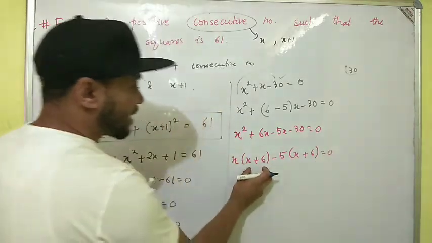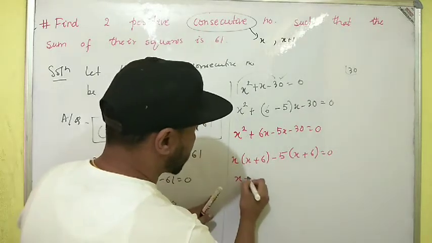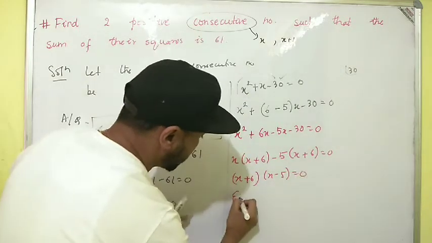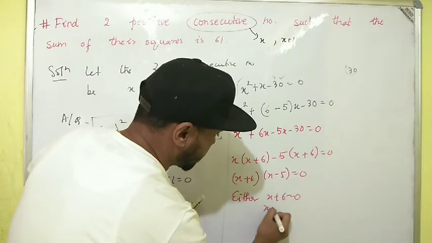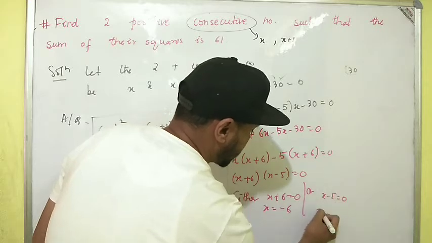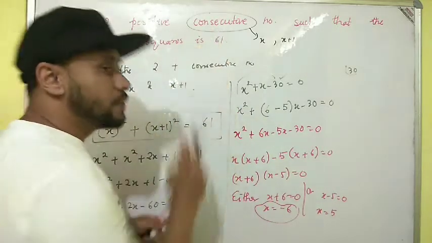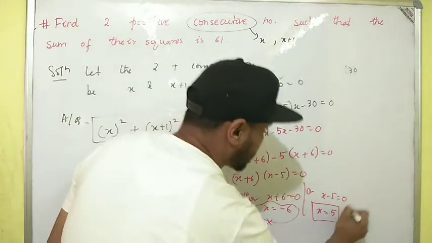Keep this in mind: the term inside the bracket has to be the same. Otherwise, you have to do it again. Okay. So x plus 6 and x minus 5. Now either x plus 6 is equals to 0, x is equals to minus 6, or x minus 5 is equals to 0, x is equals to 5. Now we are finding two positive numbers, so neglecting the negative value, we'll take x is equals to 5.